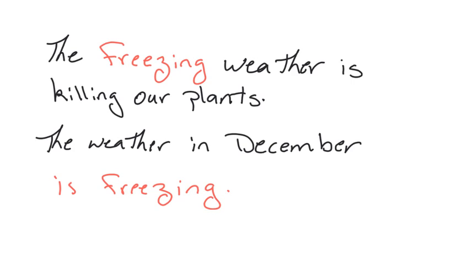In this case, is freezing contains a helping verb and makes the whole thing a verb phrase. This functions as the verb of the sentence and does not function as a participle or a verbal.